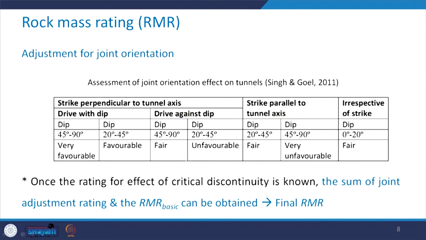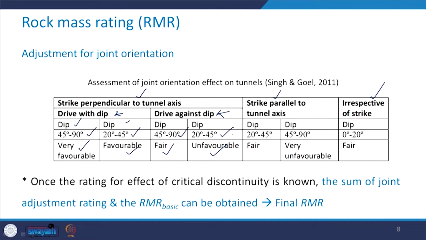Based upon this, take a look at this table: strike perpendicular to the tunnel axis, strike parallel to the tunnel axis, and irrespective of strike. So, drive with dip and drive against the dip. You have dip values. If it is 45 to 90 degrees, it is very favorable. If it is 20 to 45 degrees, it is favorable. If the tunnel is driven against the dip and the dip is 45 to 90 degrees, it is fair, and for 20 to 45 degrees of dip, it is unfavorable.